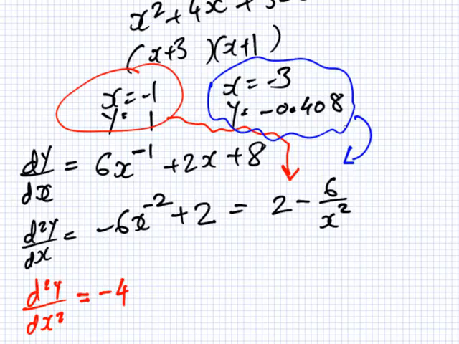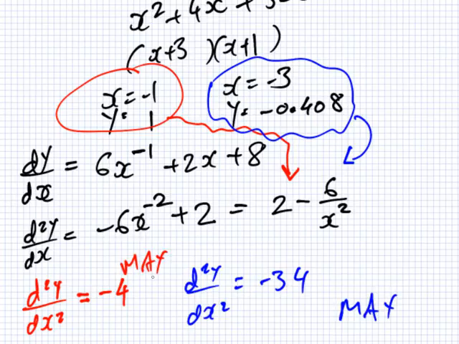It'd be negative as well, wouldn't it? 2 minus 6 over that number squared. In the second one, you get minus 34. So because they're both negative, it means this is a maximum, and this is a maximum.